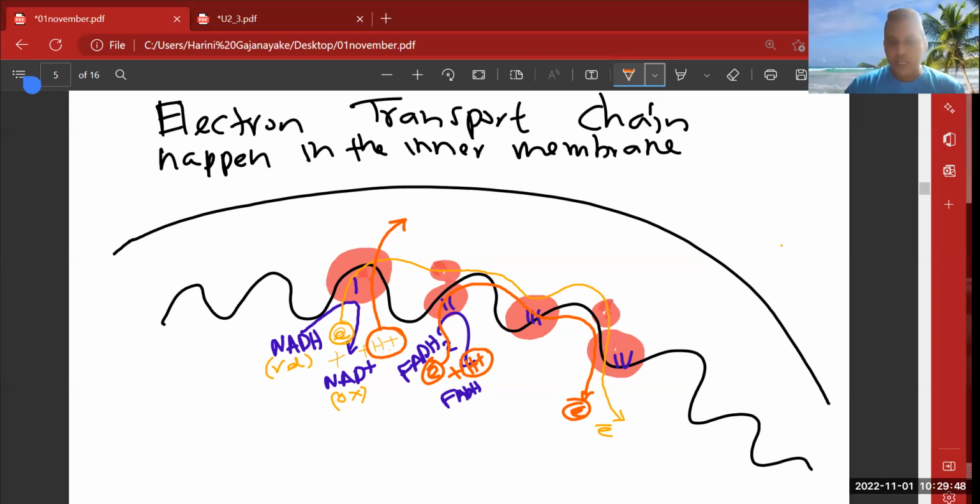Same with this one, hydrogen ions are pumped out. Now the protons accumulate in the intermembrane space. Between the outer membrane and inner membrane, the protons build up.